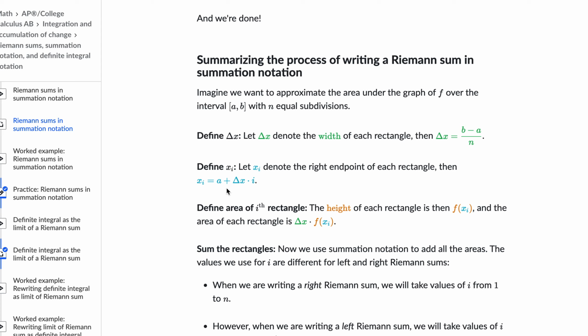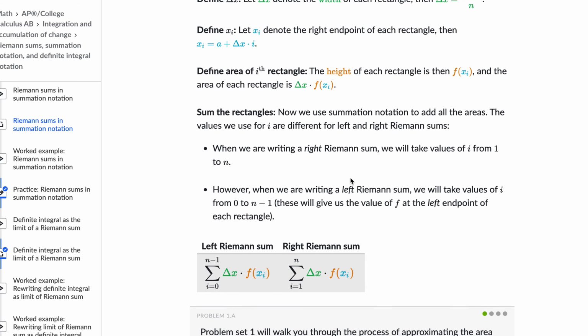And then they've got this formula here that's out of our textbook, but they do make the good point that it's the right endpoint where you're starting at your initial lower bound, then adding on that first width of your rectangle. If you're using a left-hand bound, you just start at that first point and then add on afterwards. So your summation notation will change, where the lower bound will go from 0 to n minus 1. When it's the right endpoint, it's going to go from 1 to n.